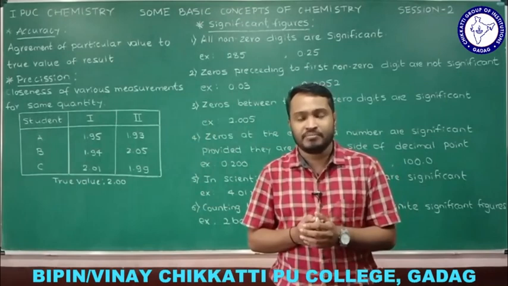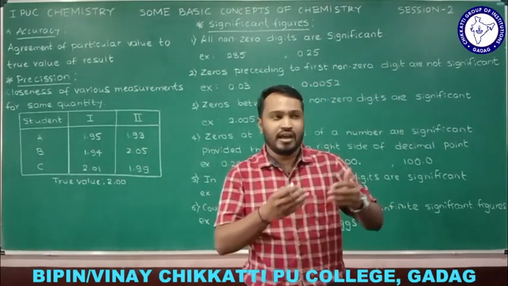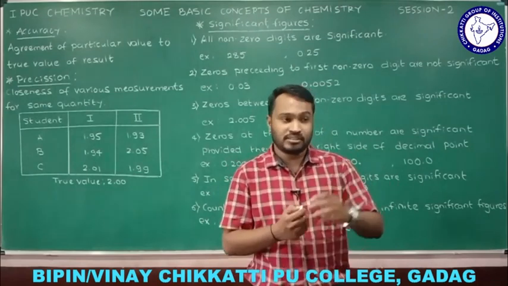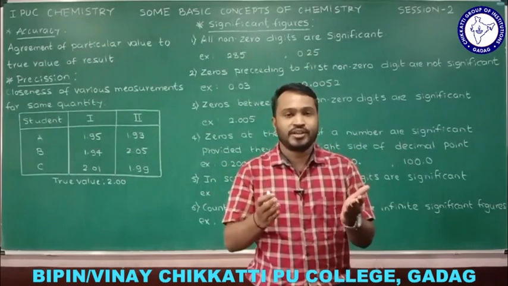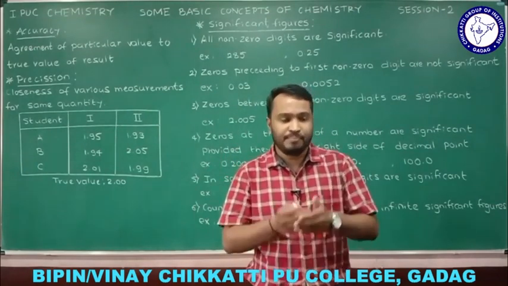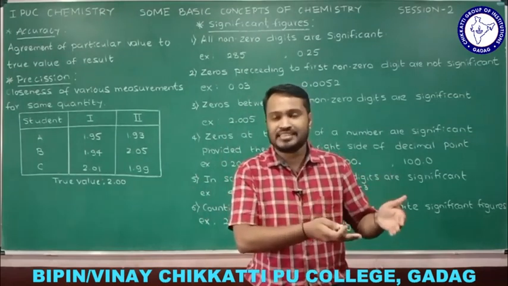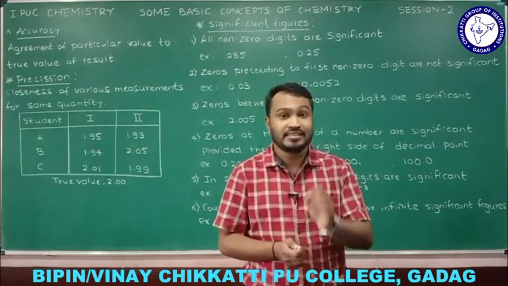But what happens while conducting an experiment in the lab is that some personal error or some instrumental error takes place. Because of that, the students won't get exactly 2.00. Some may get less than 2.0 or greater than 2.0, and that we call errors.